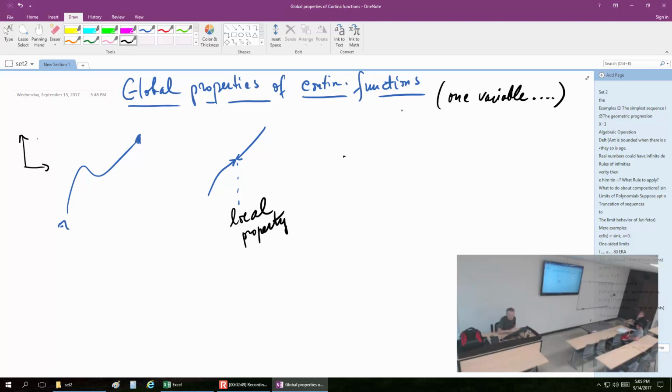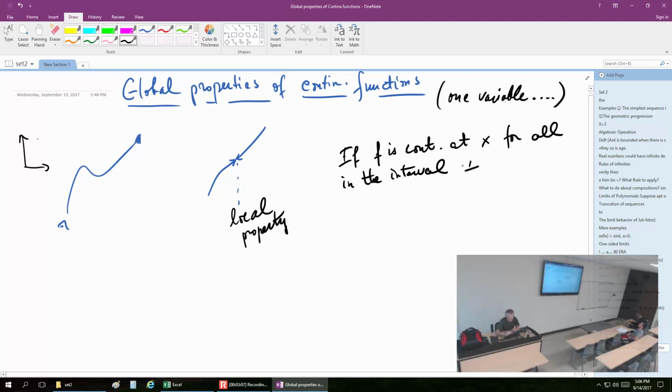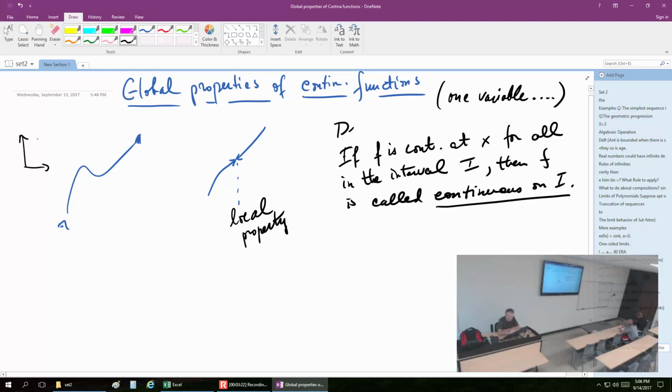So if f is continuous at x, for all x, every x in the interval of any kind, let's say I, then we say f is called continuous on I. So never forget that the original definition is about continuity at a point.